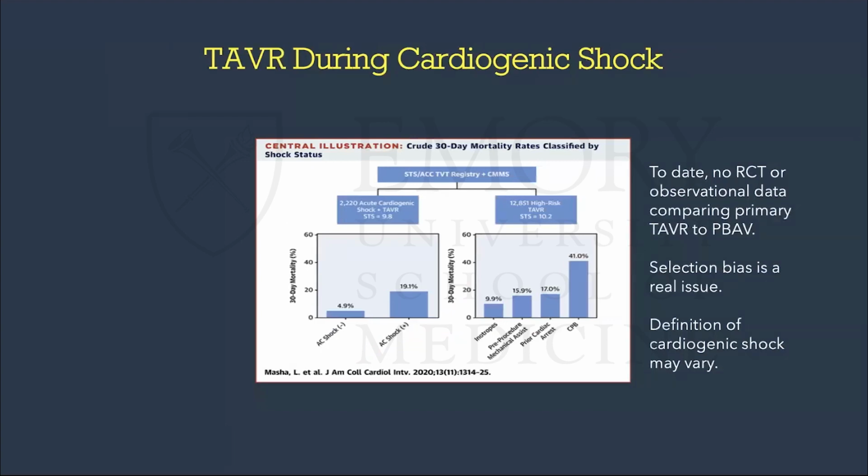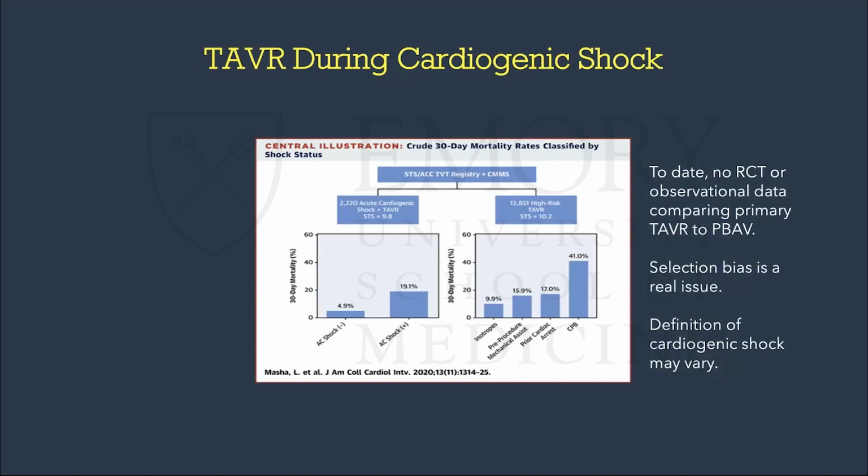This study was more of a descriptive study that looked at the TVT registry and found that those patients who presented with cardiogenic shock who had TAVR had about 19% mortality compared to 4.9% mortality among those who were not in shock.